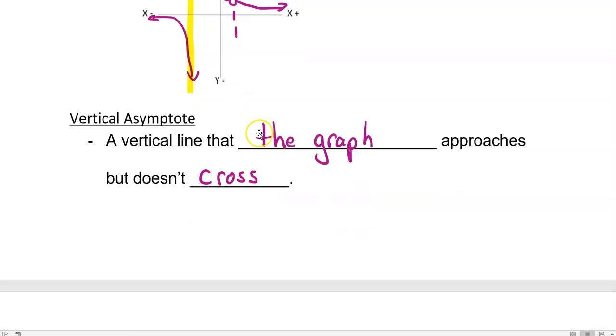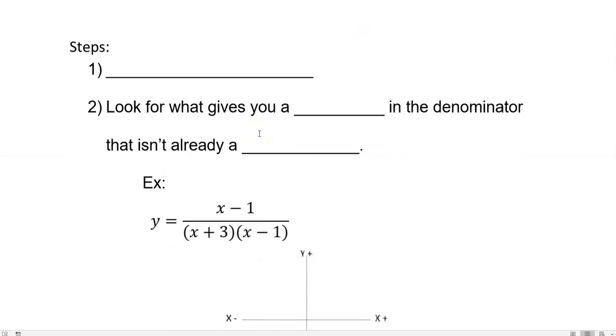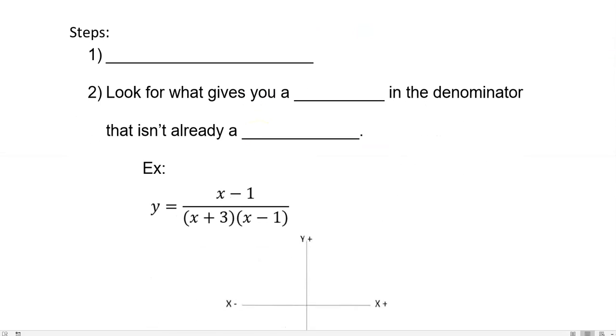So let's learn how to identify those. Again, our first step is to factor. And let me go to a color. We want to factor first, and you may have already done this because you've already looked for holes. So you're good at that point. And then pay careful attention to this sentence.